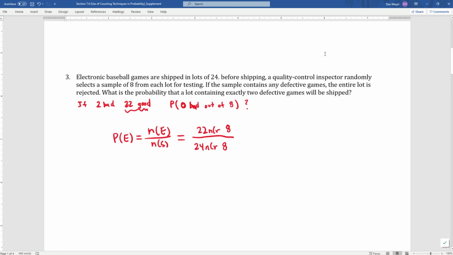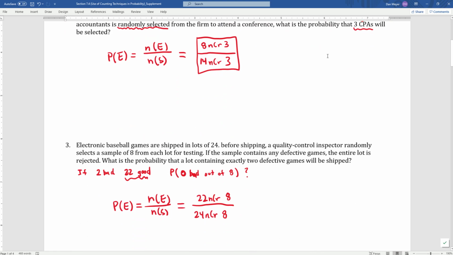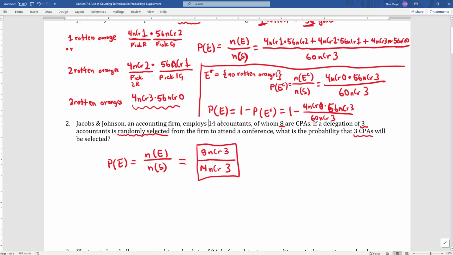So yeah, I guess all 3 of these problems on this first page were combinations. I would describe them all as combinations with a partition selection set. The selection set in number 1 was the 60 oranges that we partitioned into 4 rotten and 56 good. In number 2, the selection set was the 14 accountants. We had 8 are CPAs and 6 are not CPAs.